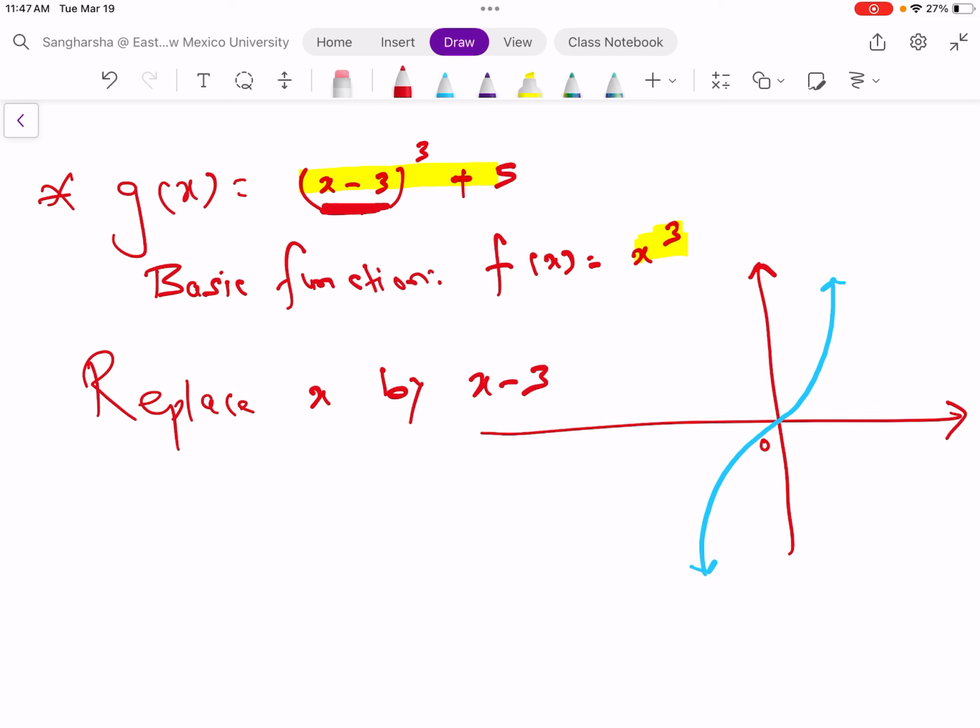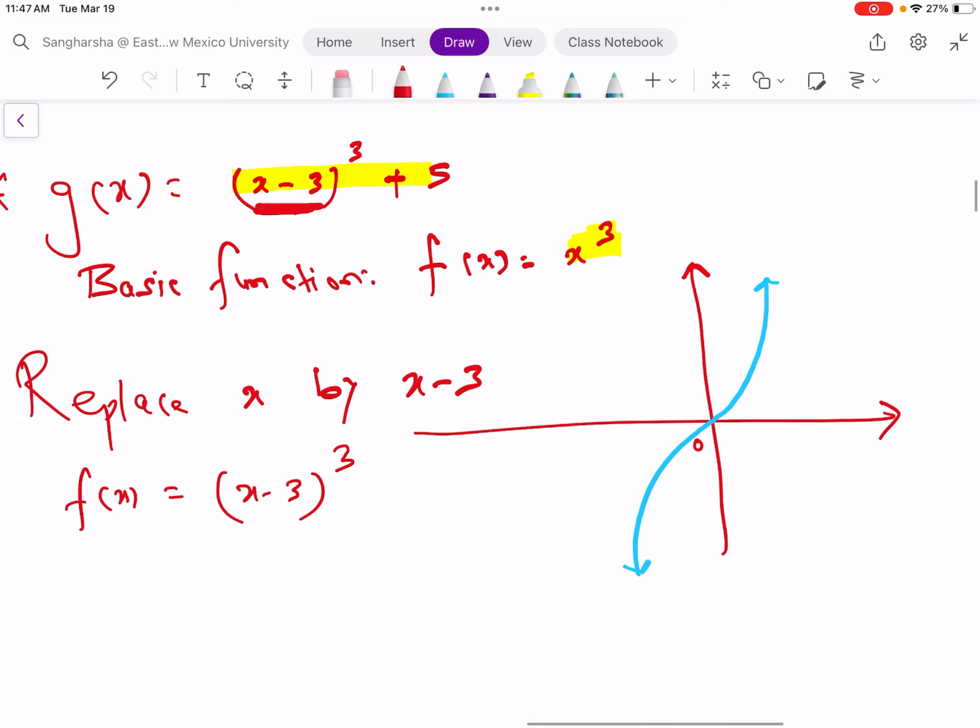So our function is f(x) = (x − 3)³. What does it mean for the graph when you replace x by x − 3? Where does it go? The graph is shifted horizontally, right or left? Right by how many units? 3 units.